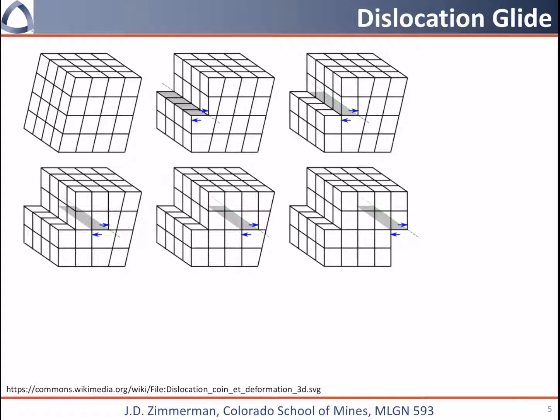So dislocations alleviate shear stresses in the material. So if we look at the upper left here, this material is strained. So we've been applying forces like I'm showing in the red arrows here. And this material is distorted away from its simple cubic normal self.